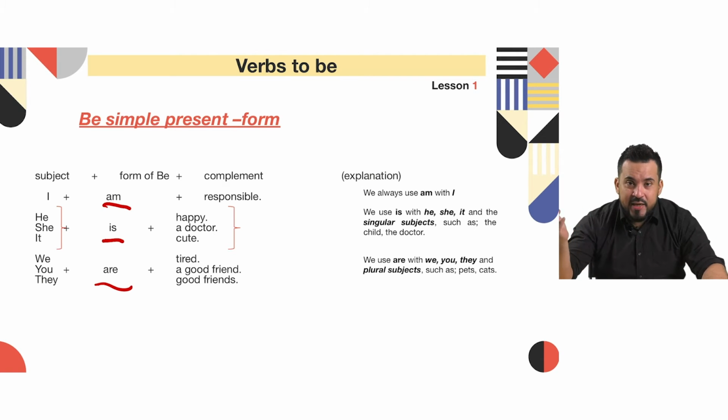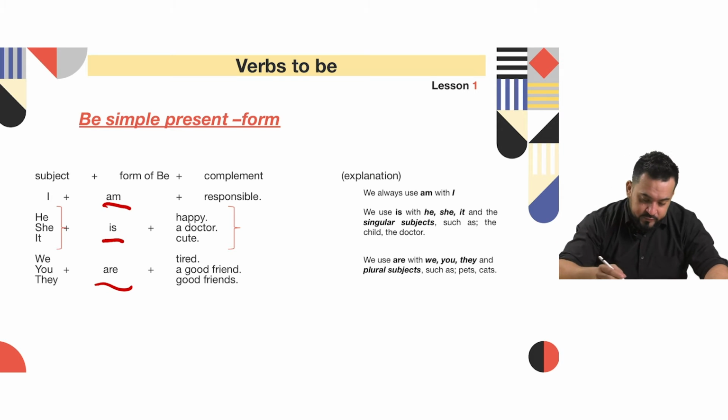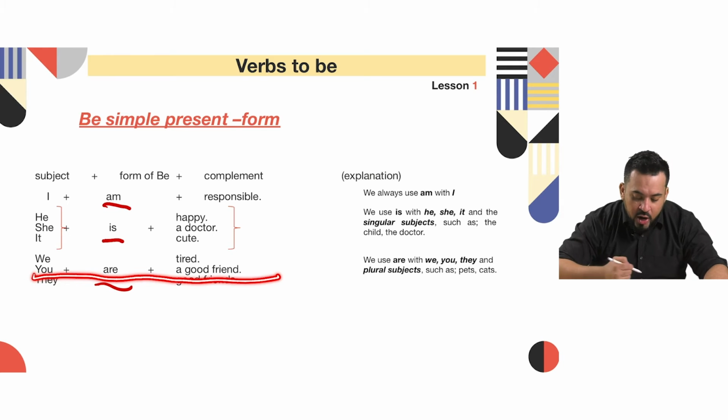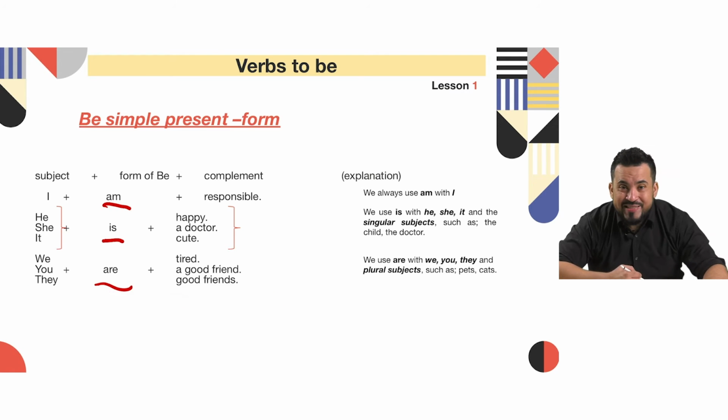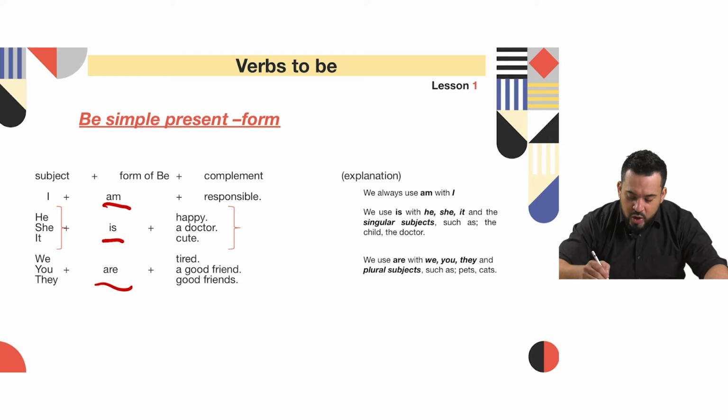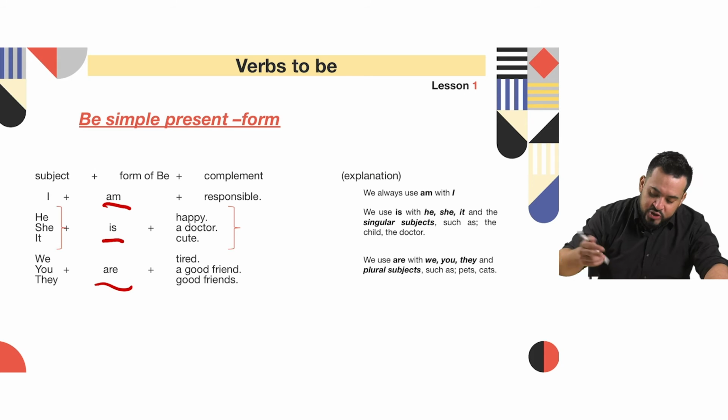It is cute. We are tired. You are a good friend. They are good friends, in plural. Now, we always use am with I. We covered that. We always use is with he, she, it. We always use are with plurals: you, they, and plural subjects or nouns.